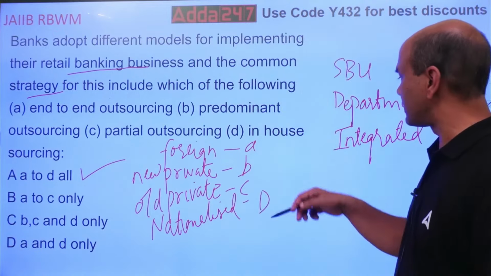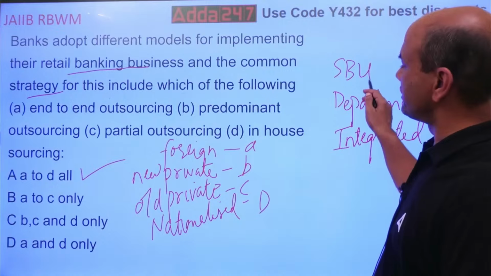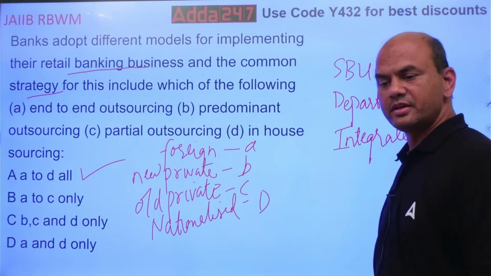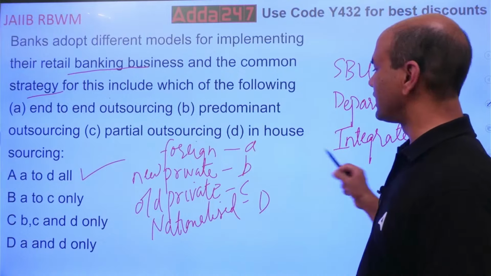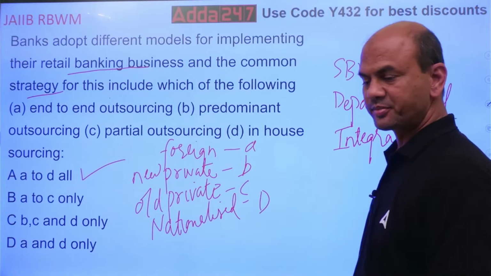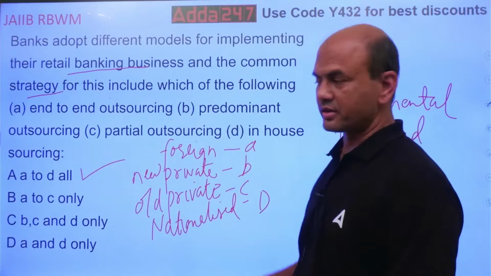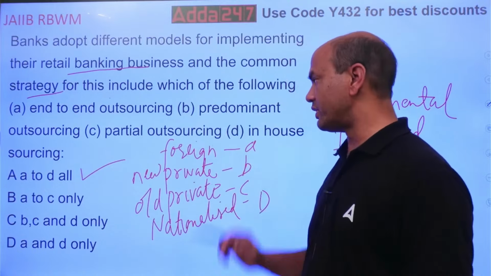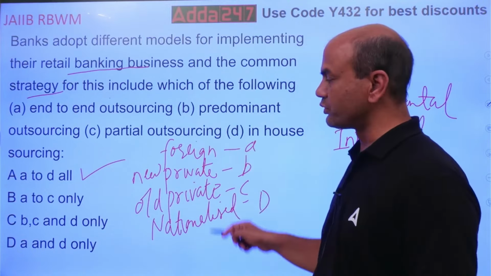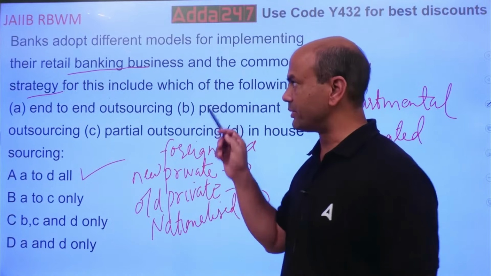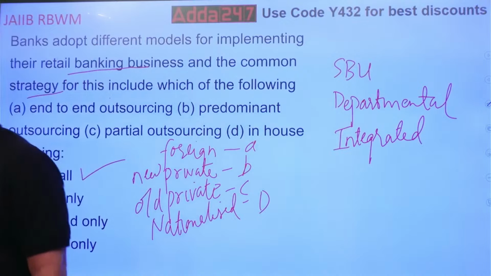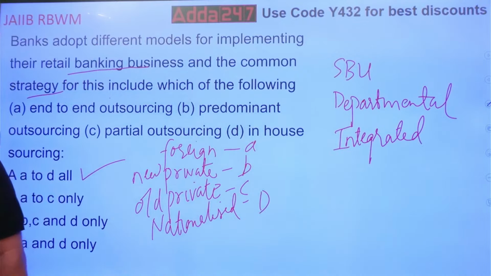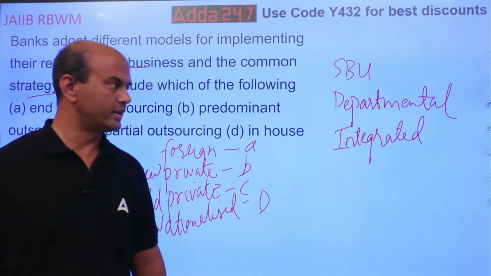So here again the answer lies over here. SBU is done by foreign banks, new private banks, departmental nationalized banks, integrated small finance banks. So the answers are similar over here. So the answer is A to D all, and these are the banks who follow these parameters or strategies. Got it? Clear? Next.